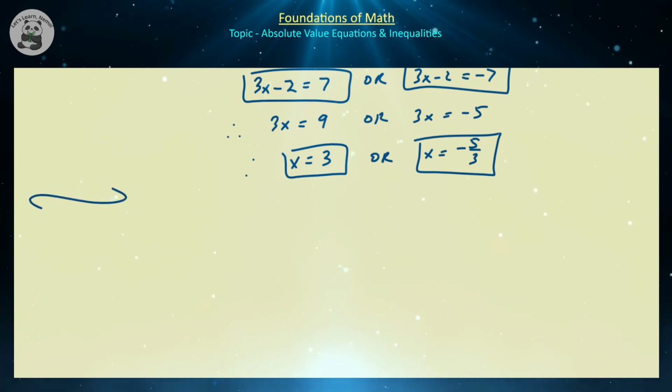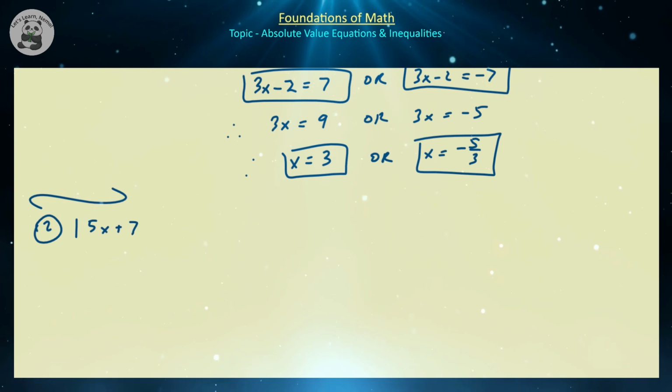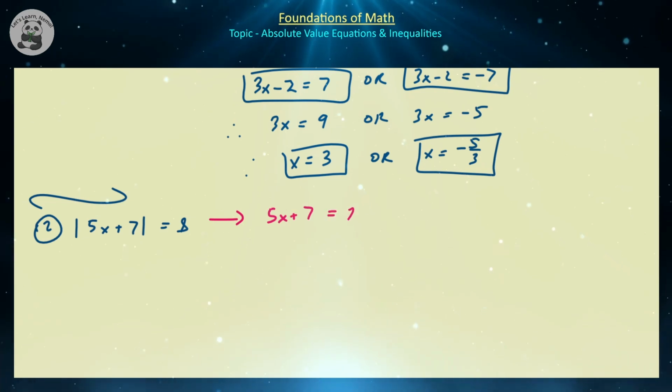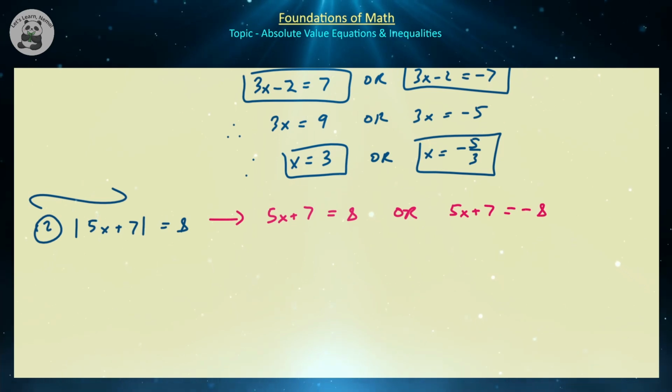So let's just work through a couple more examples just for practice. The absolute value of 5x plus 7 is equal to 8. So we're going to break this down. So either 5x plus 7 is equal to 8, or 5x plus 7 is equal to minus 8.